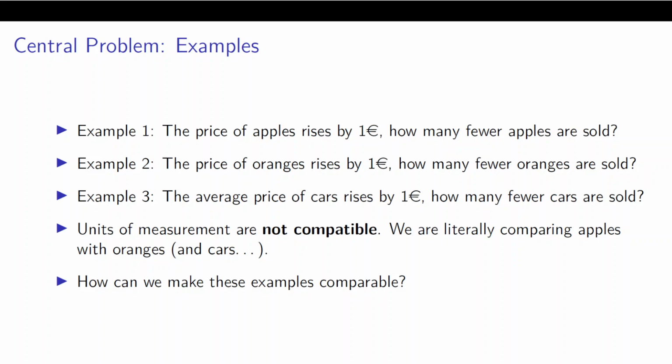So we are literally comparing apples and oranges with cars in this example, and that means that the outcomes are not comparable whatsoever. So it makes no sense to compare the outcome and say, well, the first good, apples, react more to the price than, say, cars react to the price, because we are just not comparing the same units.